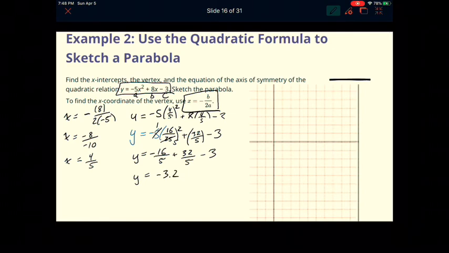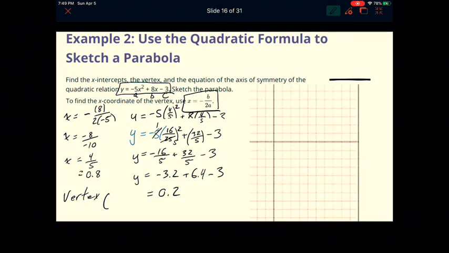Negative 3.2 plus 6.4 minus 3, which equals 0.2. So we end up with a vertex of 0.8, 0.2.